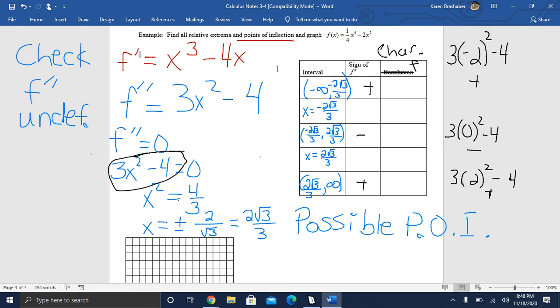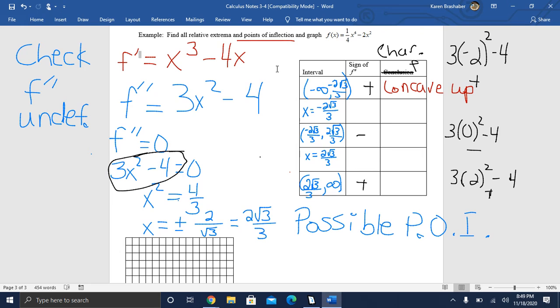And so when your f double prime is positive, then f is concave up. And as you are going through your homework, if you want to abbreviate that CU, that's fine. This is a table for your information.